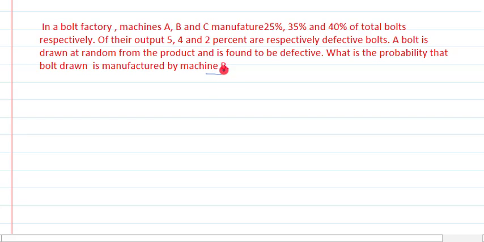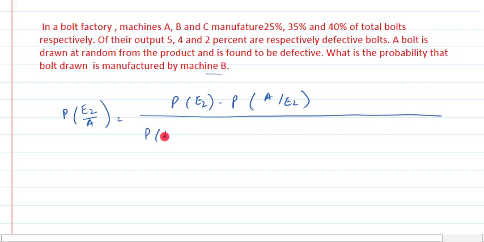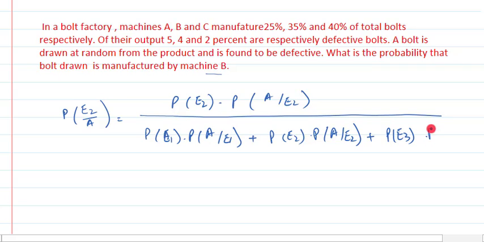Here we have considered that E2 is the event of drawing a bolt from machine B. So we need to calculate P E2 by A, which is equal to P E2 into P A by E2 upon the sum of all three, that is P E1 into P A by E1 plus P E2 into P A by E2 plus P E3 into P A by E3.